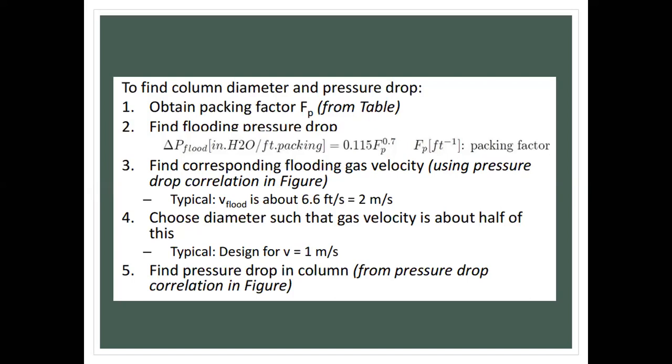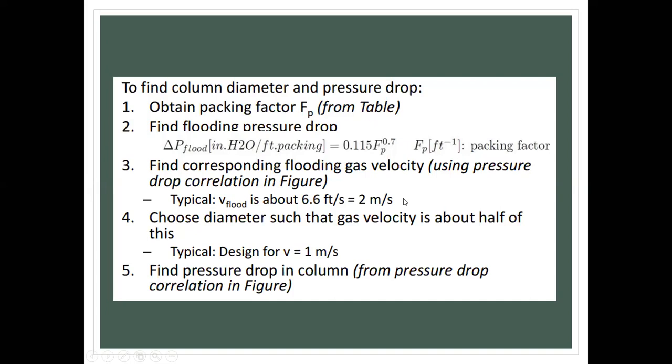And we choose the diameter such that the gas velocity would be half of this 6.6 feet per second, or 2 meters per second. Now, the typical design, a very conservative one, is only 1 meter per second.